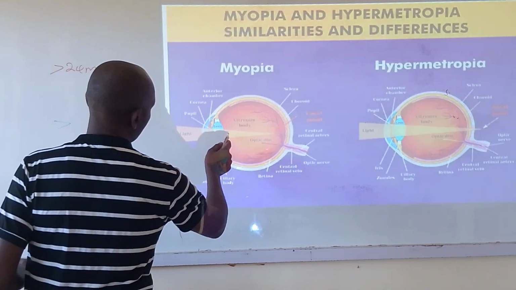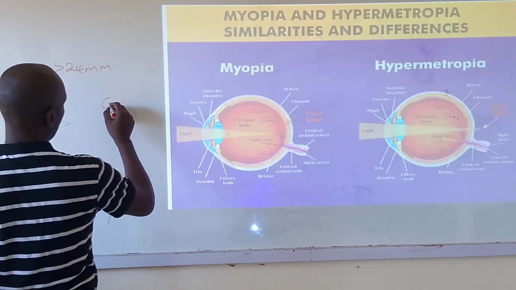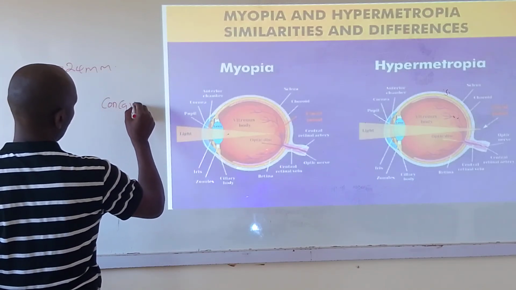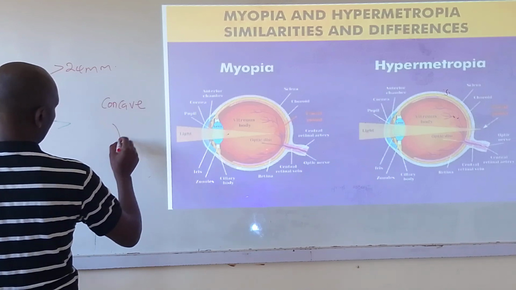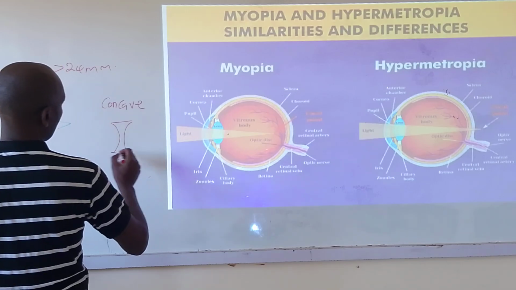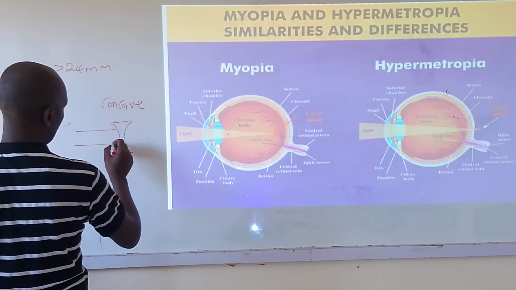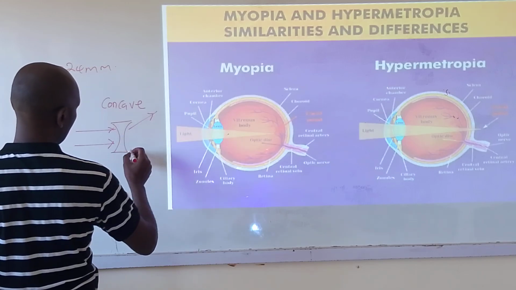And this condition is usually corrected by concave glasses, concave spectacles. When we talk of concave, it has this shape. Remember, concave glasses normally diverge light.